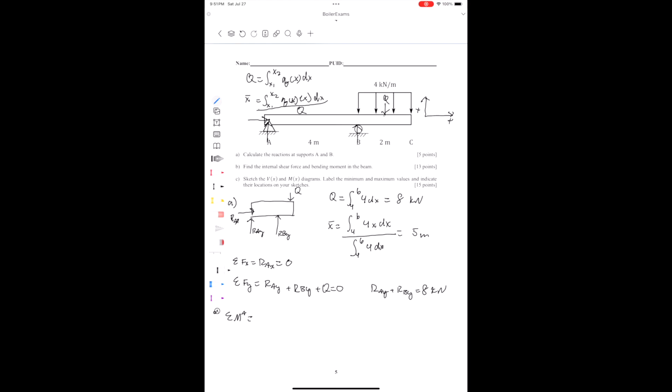And then we'll take our sum of moments about point A. So that's going to give us RBY times its x location minus Q times its x location equals 0.